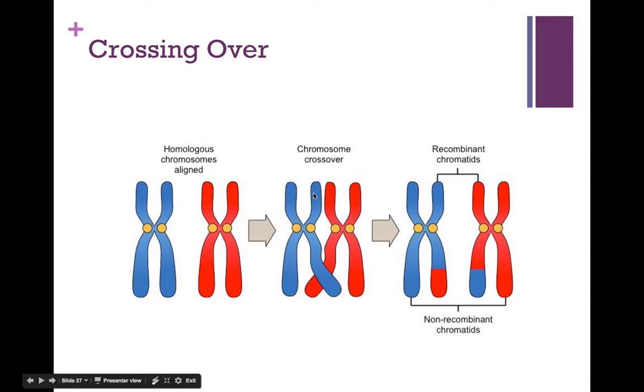So you see here we started off with blue on the left, red on the right. And then in our final picture, we have some that have recombined. In the middle, they're called the recombinant chromatids. And on the outside, they're the non-recombinant chromatids. And so what that's saying is they have different segments of that portion of DNA on those recombined chromosomes.